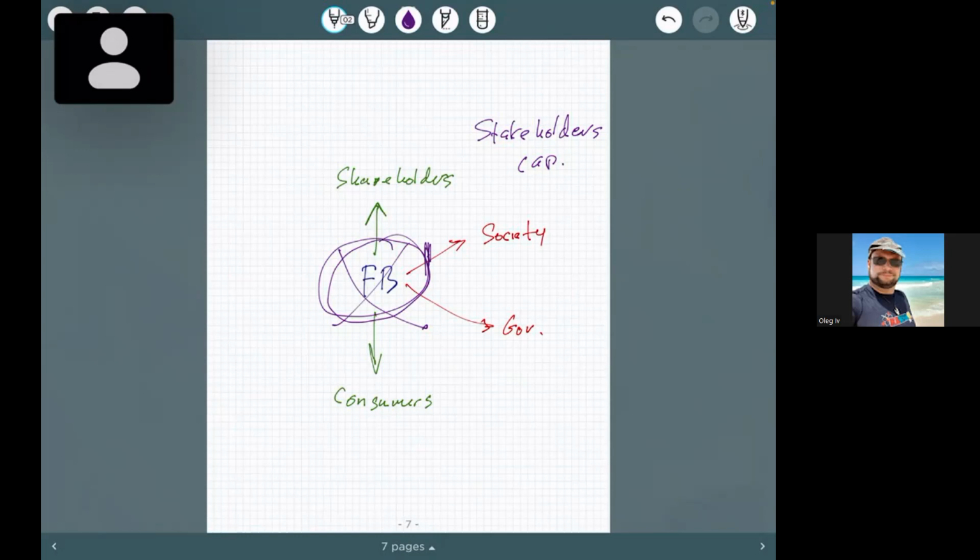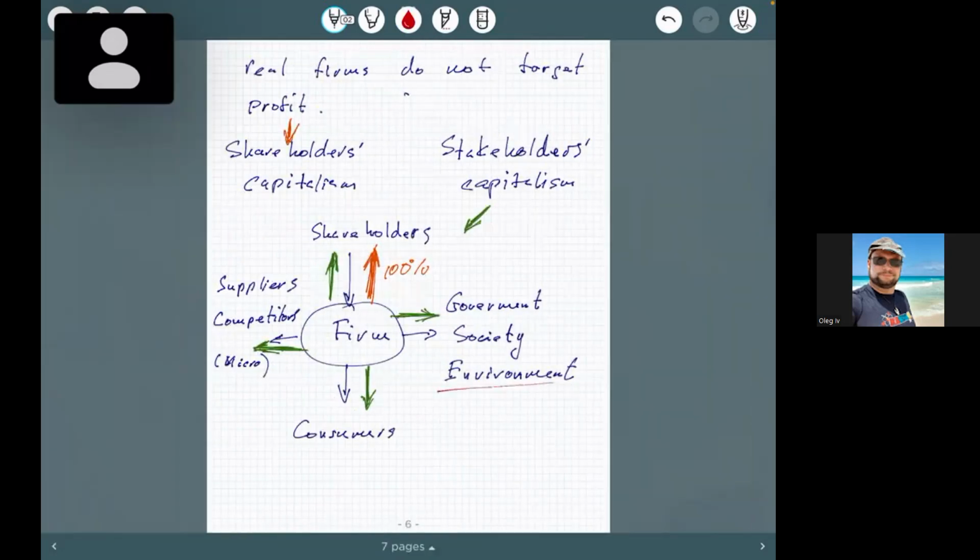And another, as you may recall from here, environment is one of the biggest issues recently. If a company is doing it, great for consumers, suppliers, competitors, society, shareholders, but it destroys the environment.